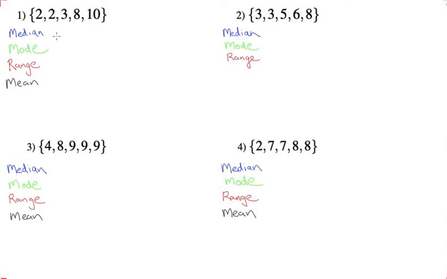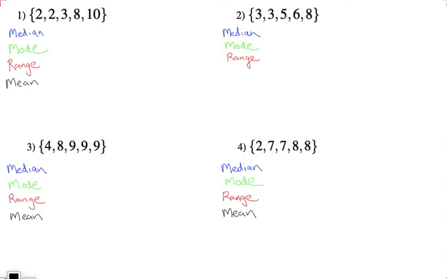I have attached a worksheet to the email that I've sent, but at a minimum, you have to do these 4 questions. I'm going to do the first one with you, and then I want you to do questions 2, 3, and 4 by yourselves. I've left some extra questions in the email, so if you fly through this and want to do a few extra, have a look at the email.